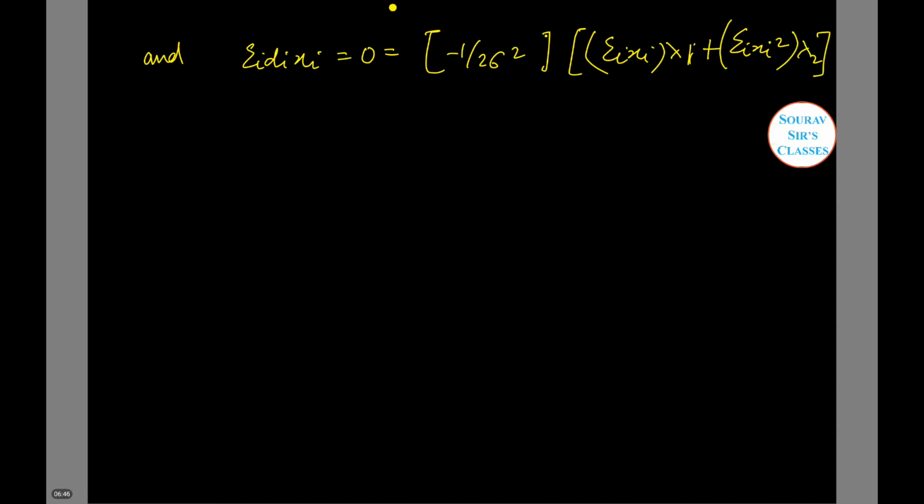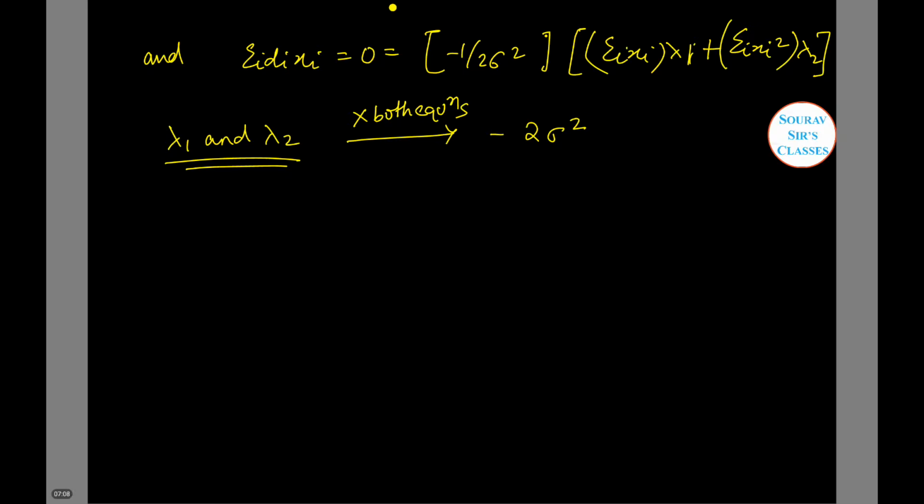Now we can solve these two equations for lambda 1 and lambda 2, by first multiplying both the equations by this factor, then rewriting the resulting equation in this form.